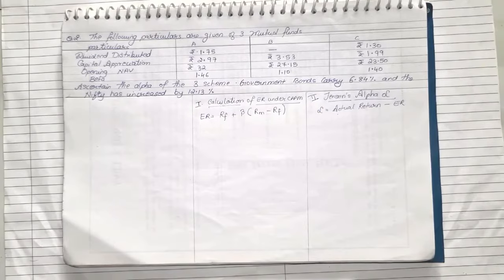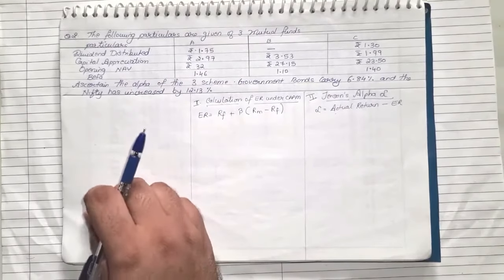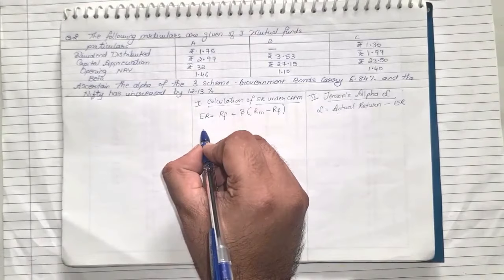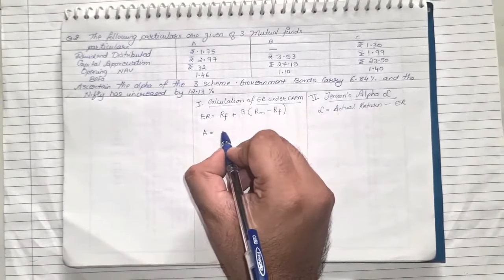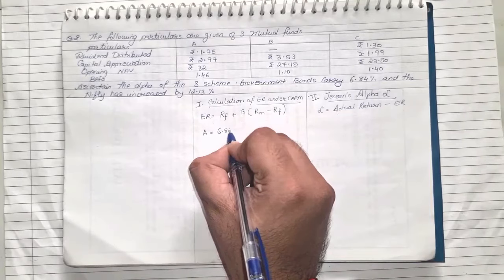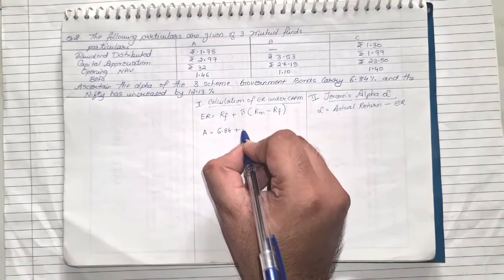If we start with first A Limited, I mean the shares of A. So expected return for A, the risk-free return given in the question is the government bond, that is 6.84, plus beta.